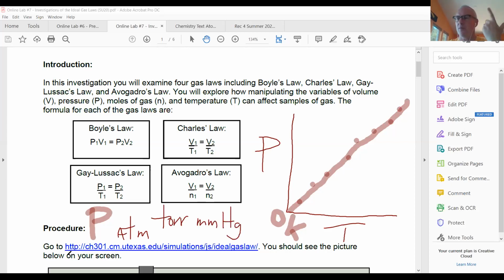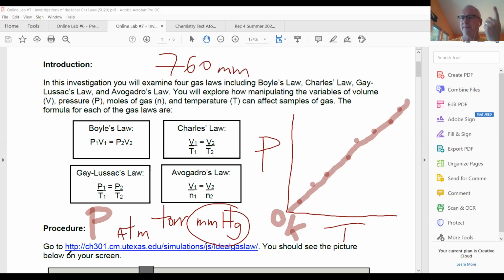We'll talk about this more when we get to it in class. Basically, millimeters of mercury is how much pressure, if you leave a column of mercury with a vacuum above it and you let the atmospheric pressure push down on the mercury, it will rise into a column about 760 millimeters high.